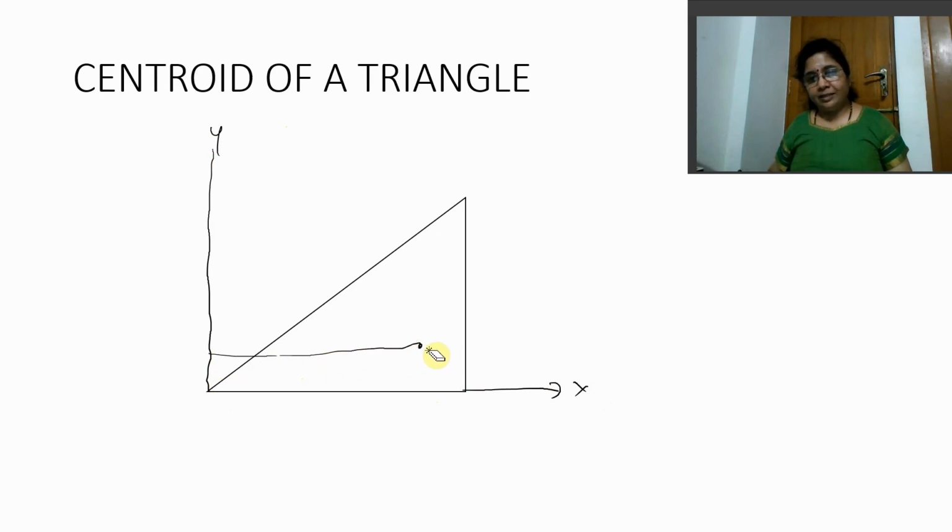Now we know this distance is 1 by 3, which means the remaining distance has to be 2 by 3. If I drop a perpendicular here, the y coordinate is obviously only 1 by 3. So I will have x as 2b by 3, y as h by 3.